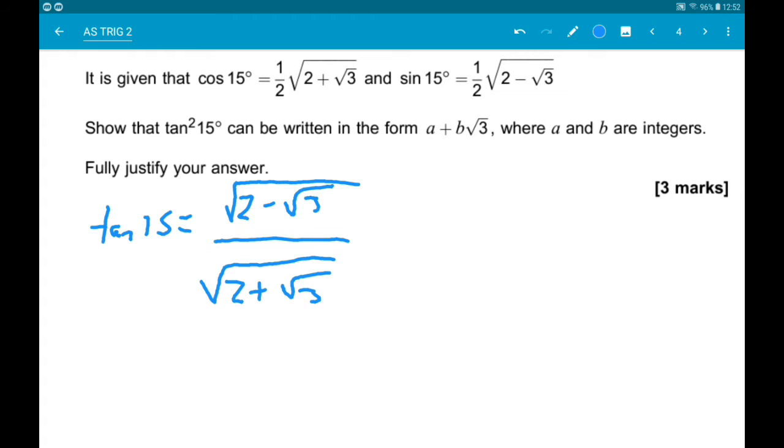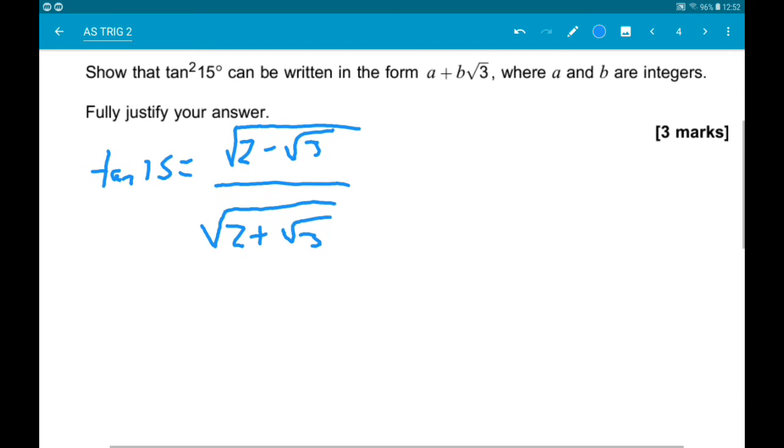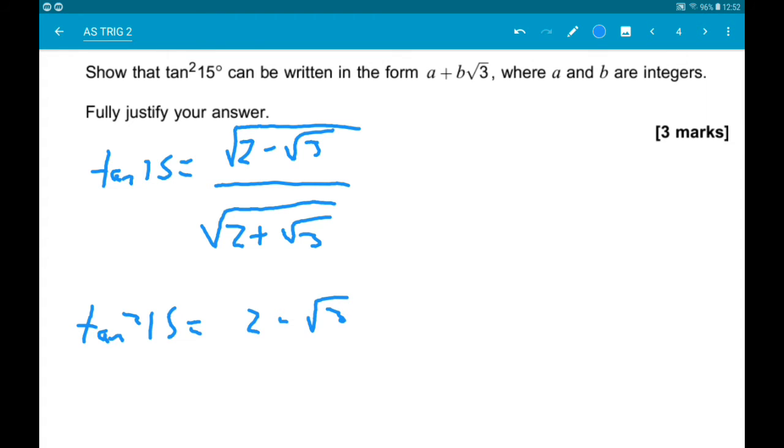Now we want tan squared, so if we square both sides, we can get tan squared 15 is 2 minus root 3 over 2 add root 3.